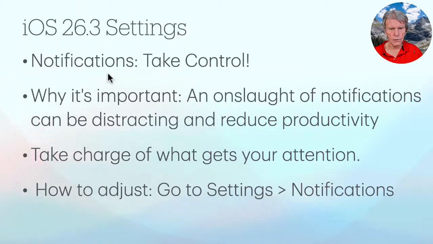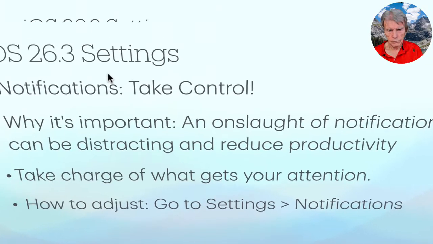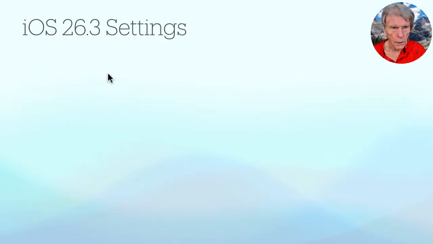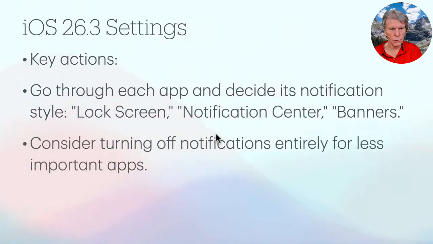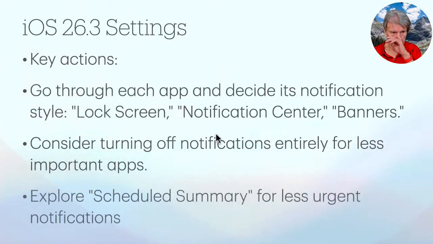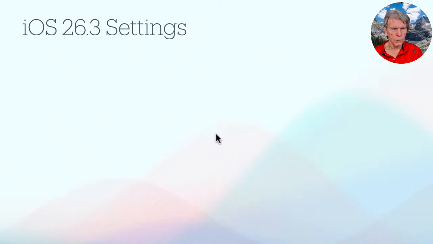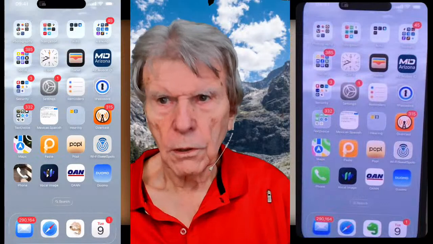So to do that, you go to Settings, Notifications, and then you would go through each app and decide its notification style, whether it's the lock screen, notification center or banners, and consider turning off notifications that are less important. And you could also decide which notifications you want to put in a scheduled summary for less urgent notifications.